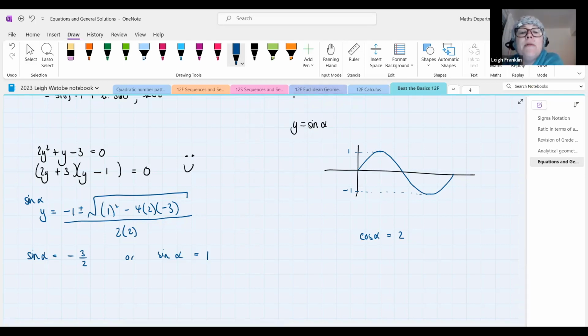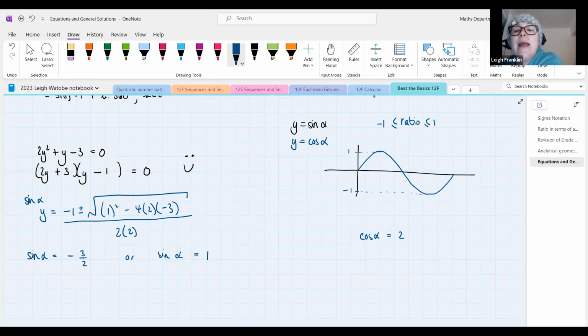So remember that for sine alpha and cos alpha, or sine theta and cos theta, there is a restriction on your ratio. Whatever it is, it must be greater than or equal to -1 and smaller than or equal to 1.